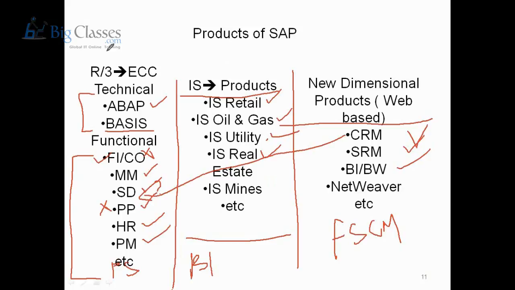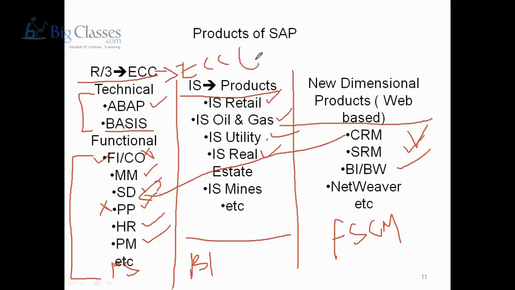Thanks, Lokesh. Okay, so we are now on the R3 side. In 2000, they changed the name R3 to ECC, Enterprise Central Components. We have different versions: they launched 4.1, 4.7.